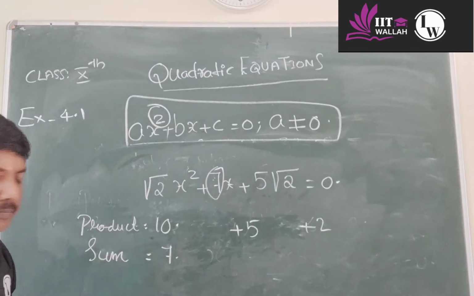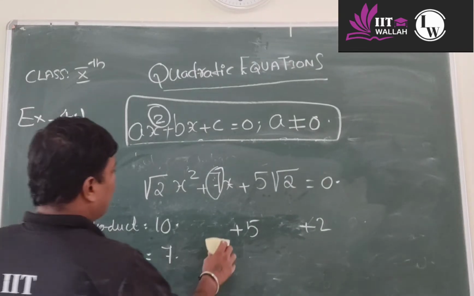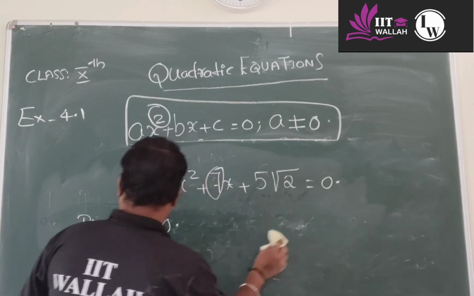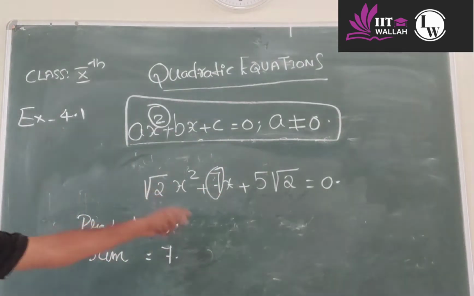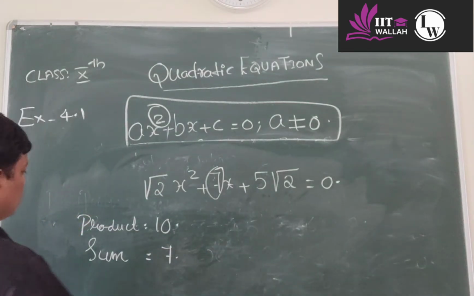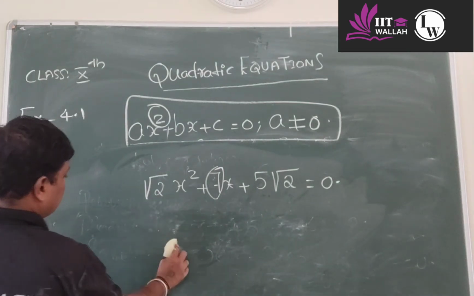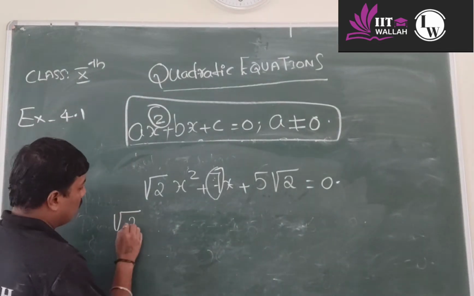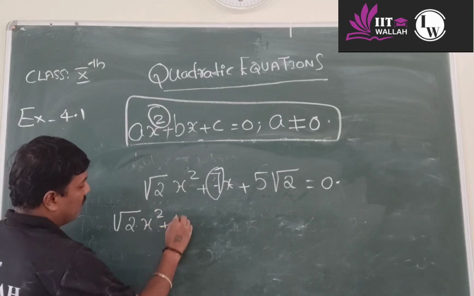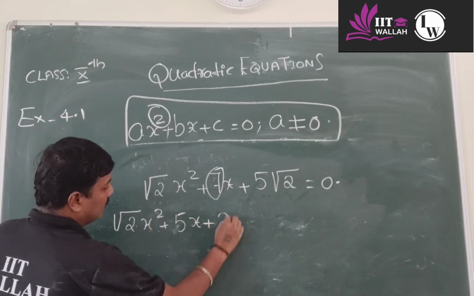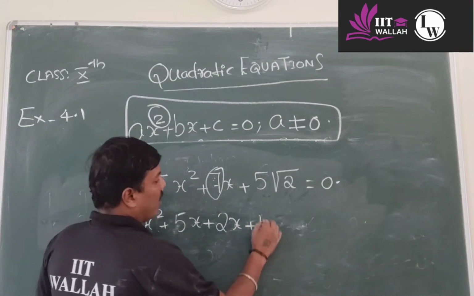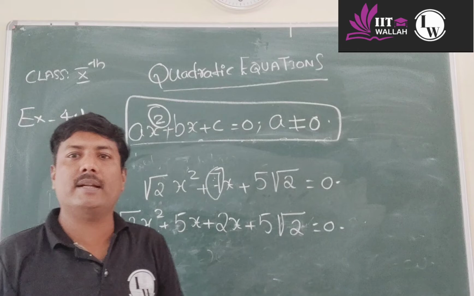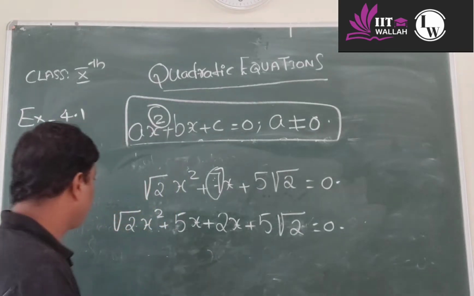Okay, now we can split the middle term using this information. So root 2 x square plus 5x plus 2x plus 5 root 2 is equal to 0. This is the splitting the middle term method.